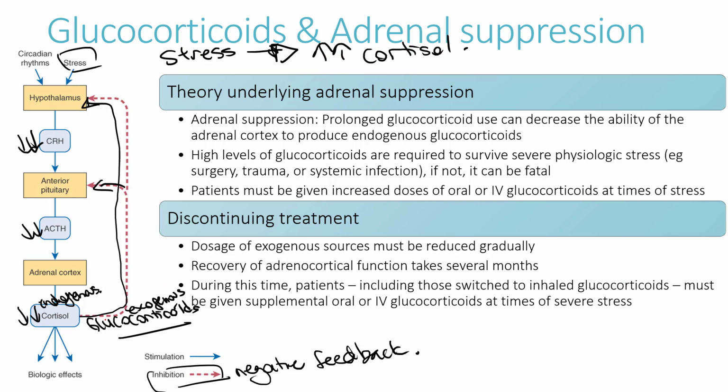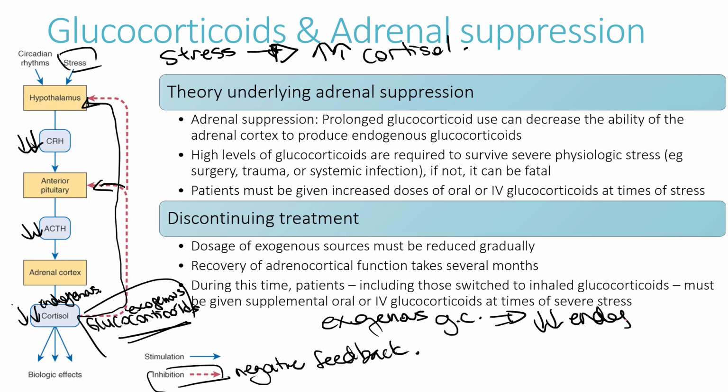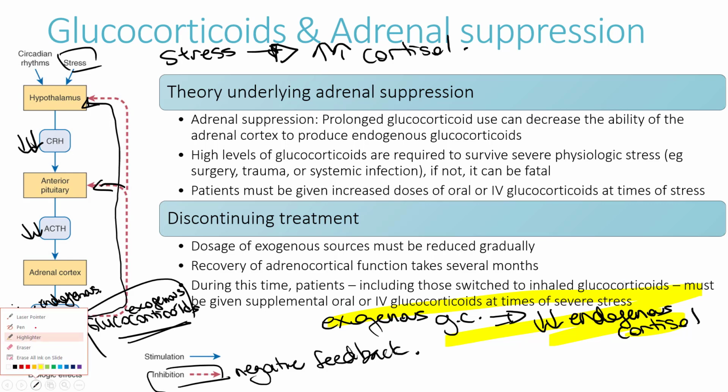So the presence of the exogenous glucocorticoid leading to a decrease in endogenous cortisol through this negative feedback system, this is called adrenal suppression.